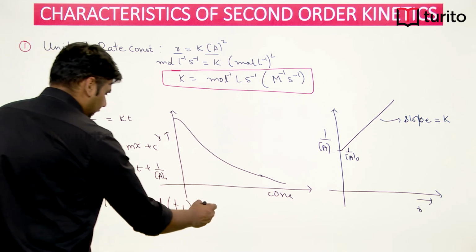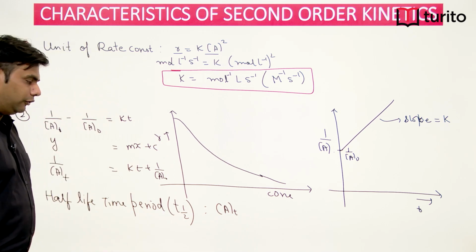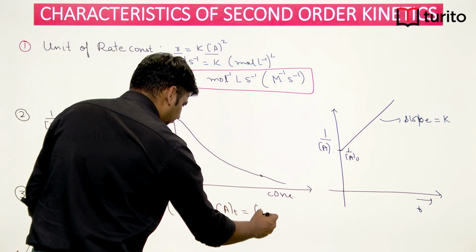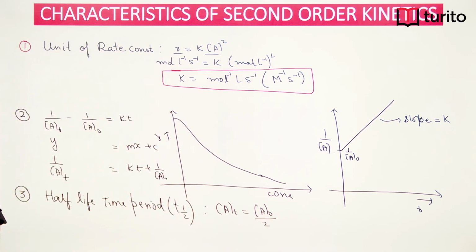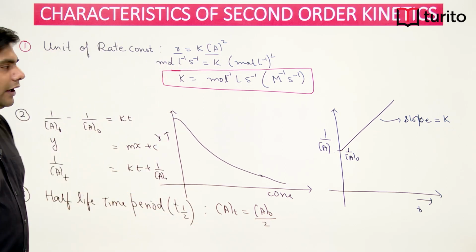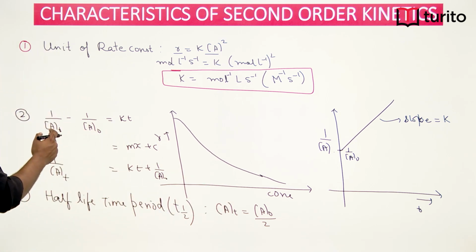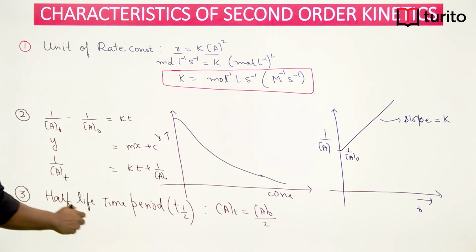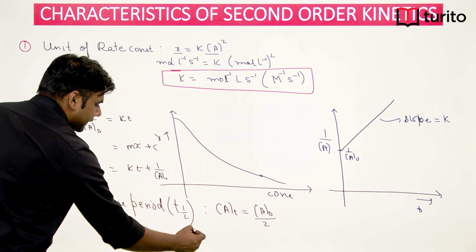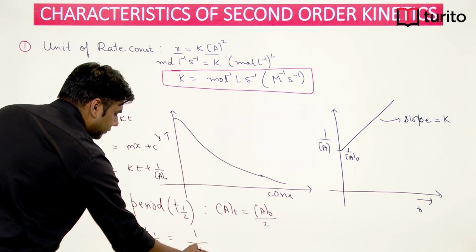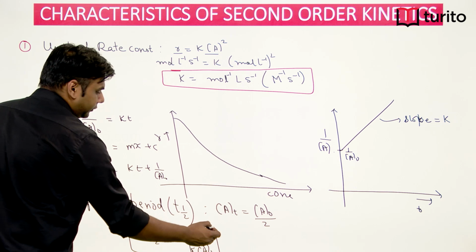That means the concentration of A after half-life would be A naught by 2, because half of the reactant has reacted, that means half is left over. So if you put At as A naught by 2, this will become 2 by A naught. So T half would come out to be 1 by K into A naught. I hope this expression is also clear to you.